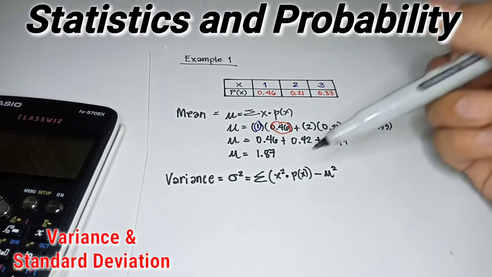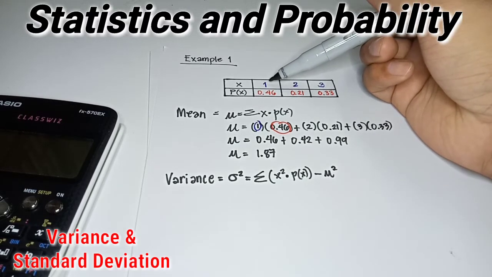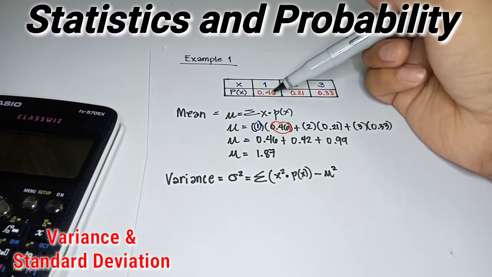So we have to multiply first. We'll have to square first the value and then multiply it by its probability.